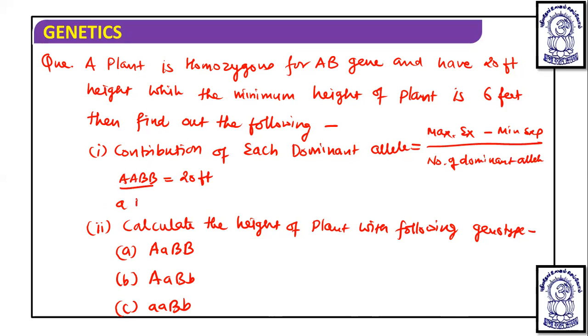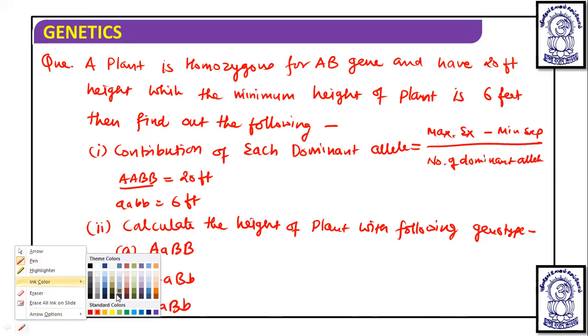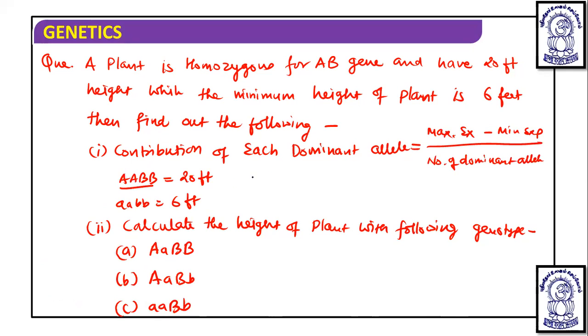And the smallest, small b, has the height that is 6 feet. So the maximum expression is 20, minimum expression is 6, and total dominant genes are 4.